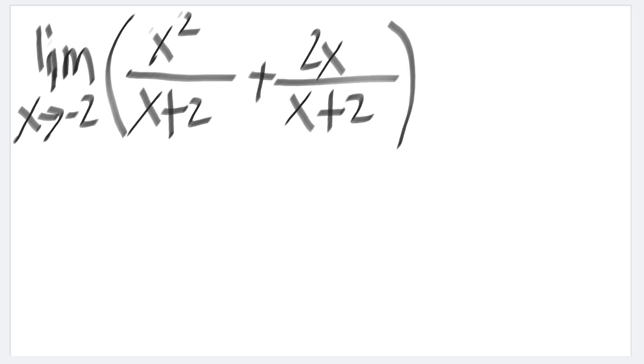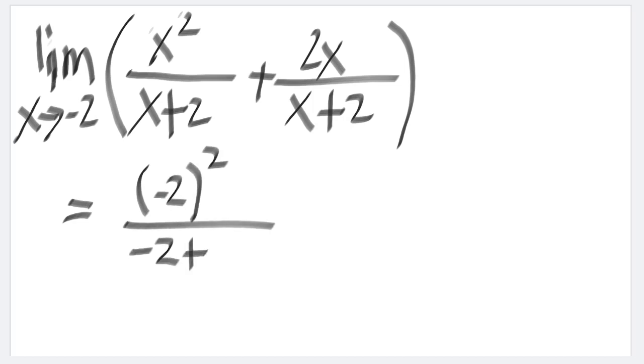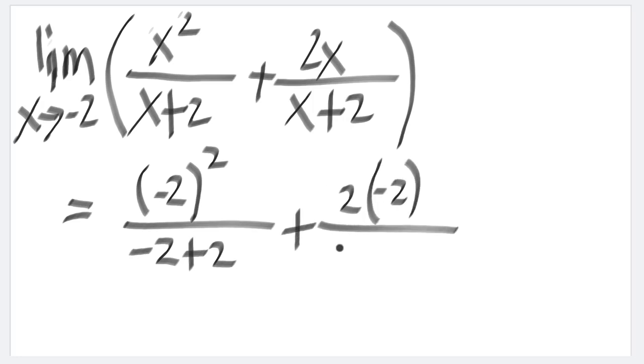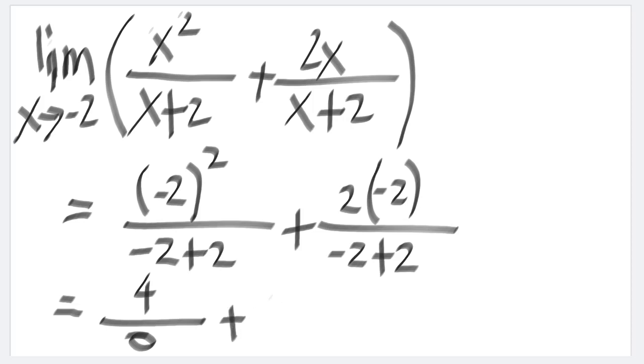So by direct substitution again, this one is equal to negative 2 squared over negative 2 plus 2 plus 2 times negative 2 over negative 2 plus 2. And this is equal to 4 over 0 plus negative 4 over 0. And that is equal to infinity.